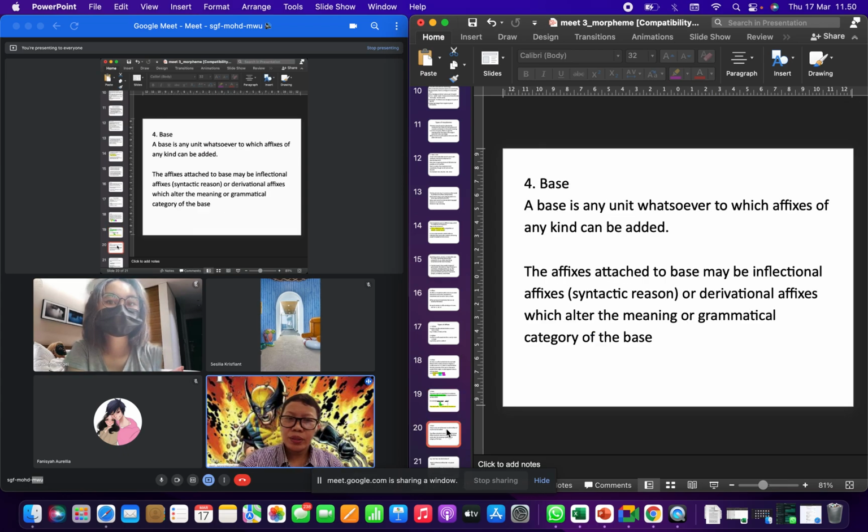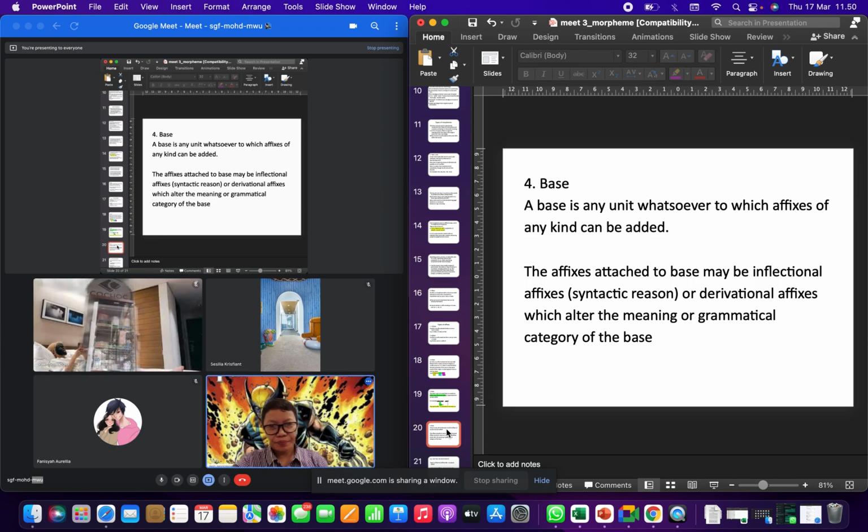And then we talk about the base. If we talk about stem, it is a morpheme placed before the inflectional affix. Here, base is any unit whatsoever to which affixes of any kind can be added. So we can say that base is almost the same as the root.